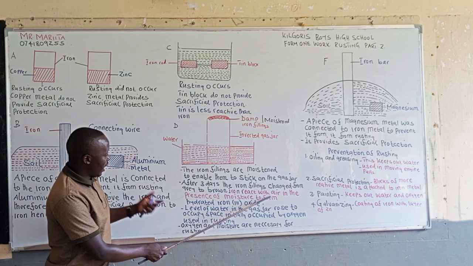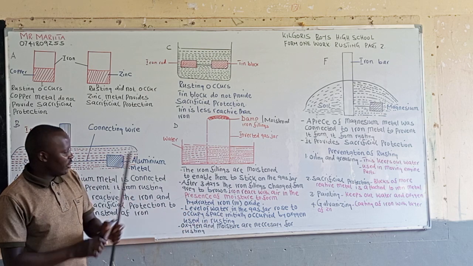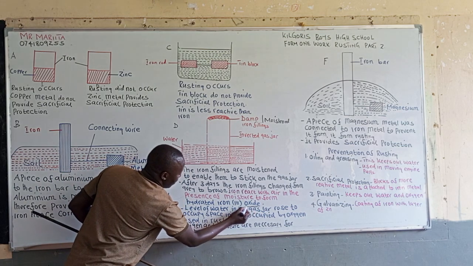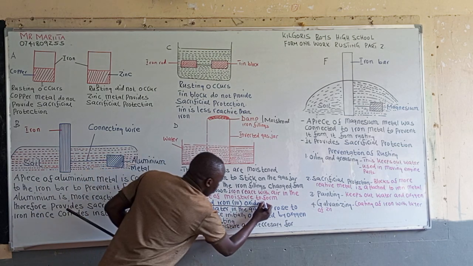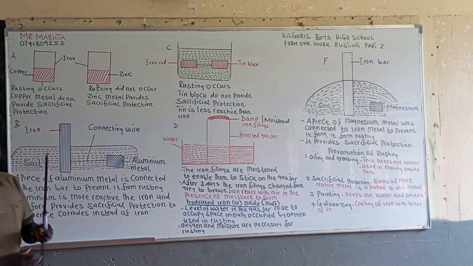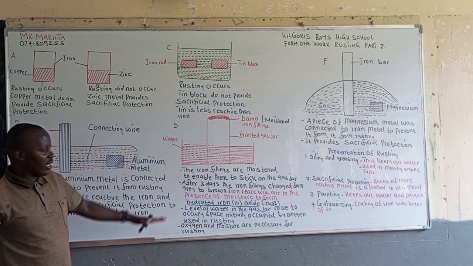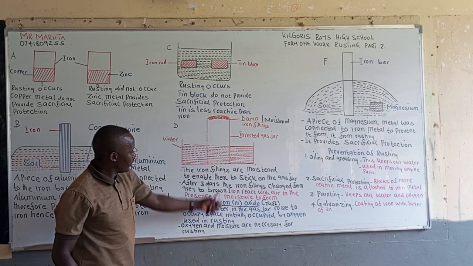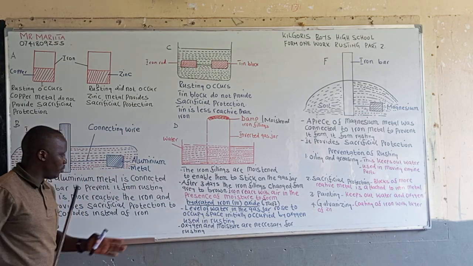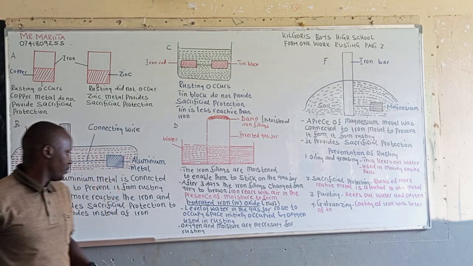Iron will react with the air in the presence of moisture to form hydrated iron 3 oxide. This one here is just rust. So they form what we call rust there. Another observation is that the level of water in the gas chamber will rise to occupy the space initially occupied by oxygen, which is used during rusting.